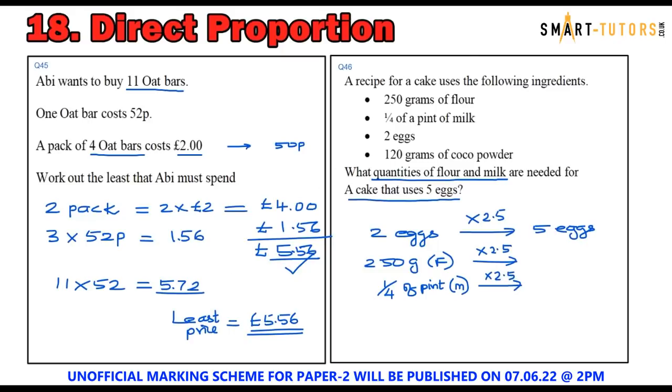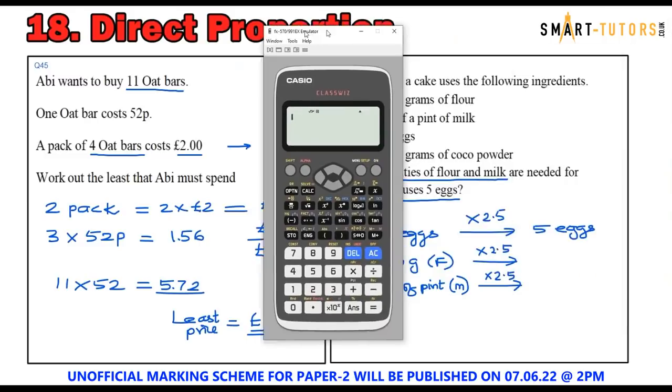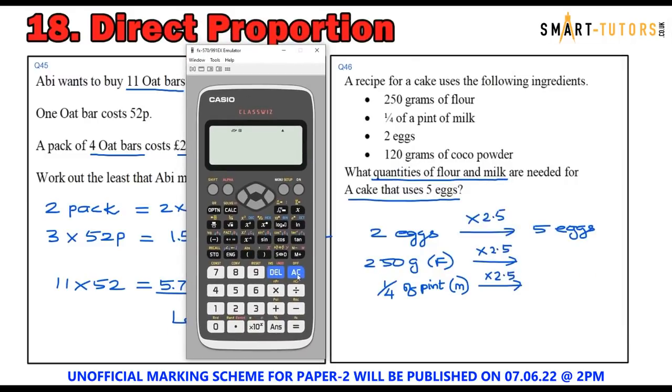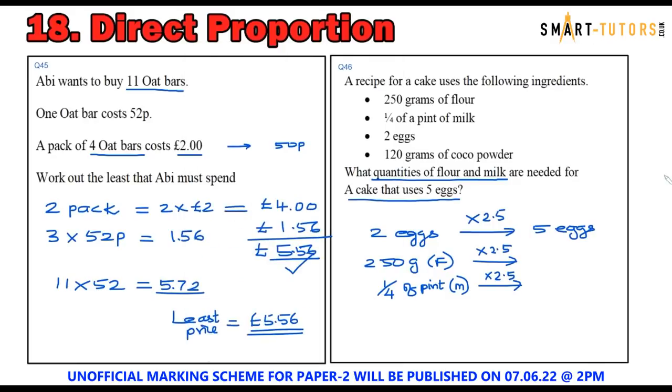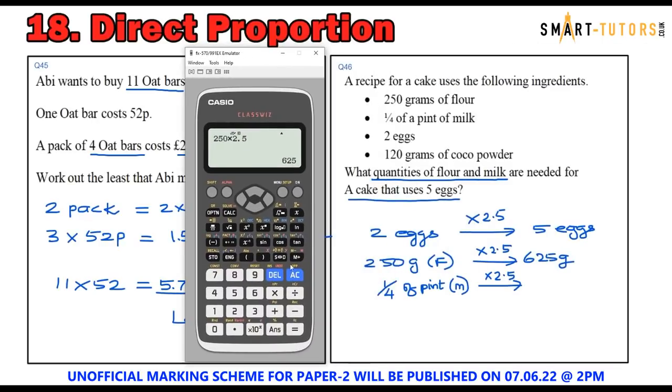So we can use the calculator to do this one. 250 times 2.5, so you need 625 grams of flour. So write that one, 625 grams of flour. The next one is the milk. So milk is going to be a quarter, 1/4.